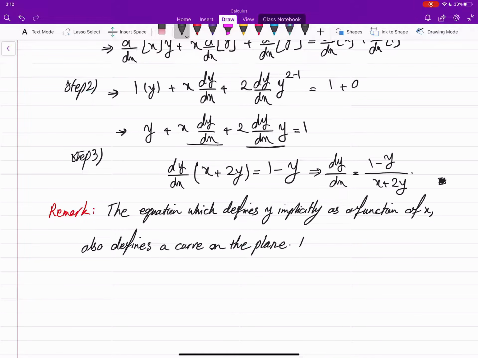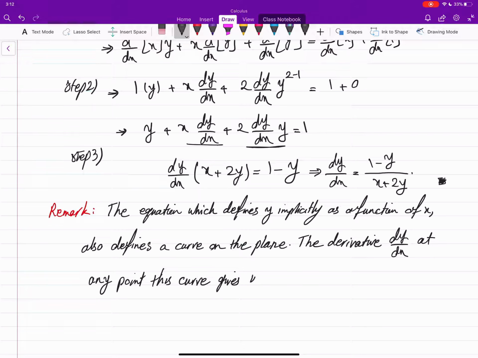The derivative dy dx at any point of this curve gives us the slope of the tangent line to that curve at that point.